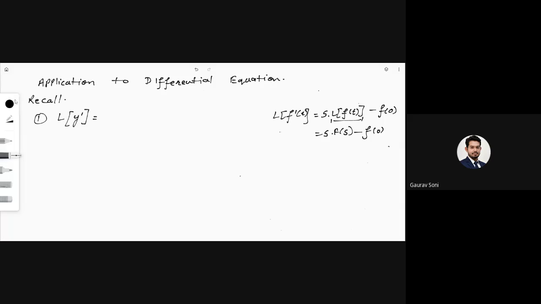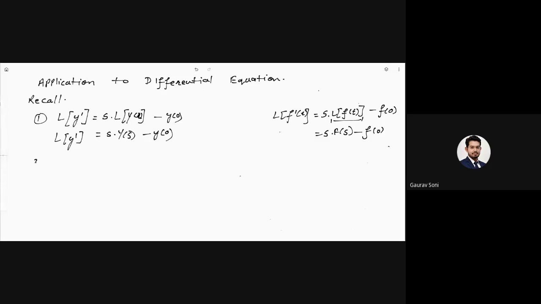So here we will have s times Laplace of y(t) or y(x) minus y(0), so s times capital Y(s) minus y(0). This is the Laplace of y dash.